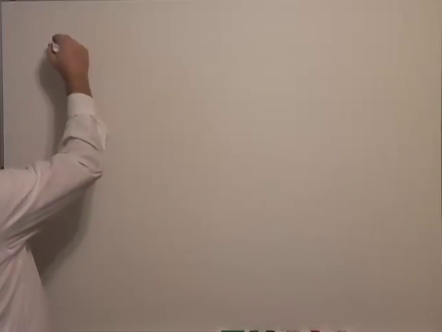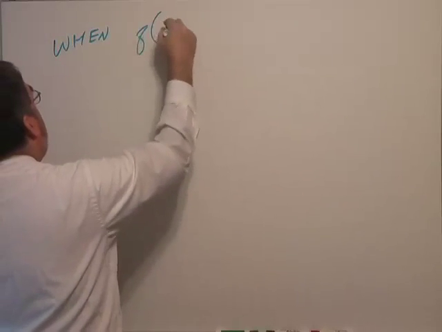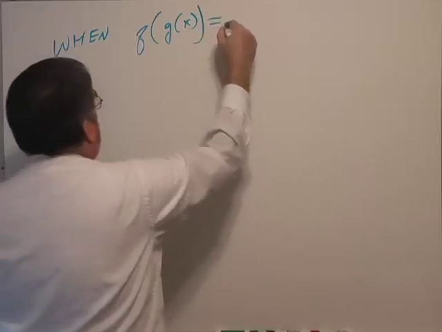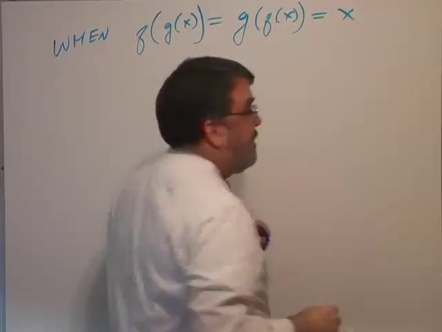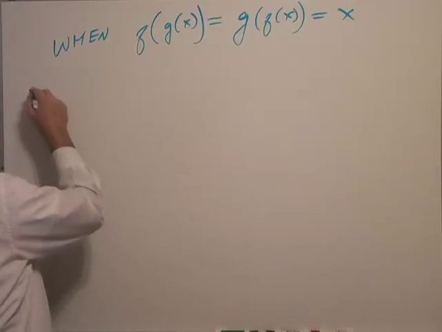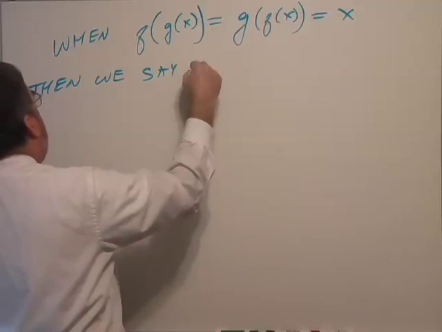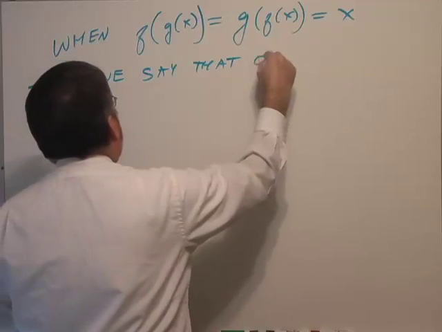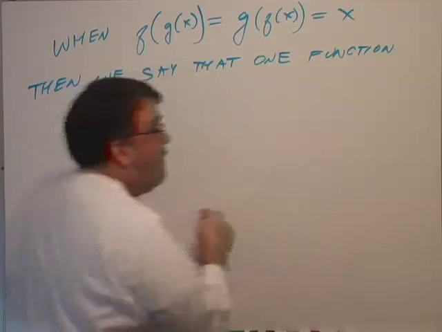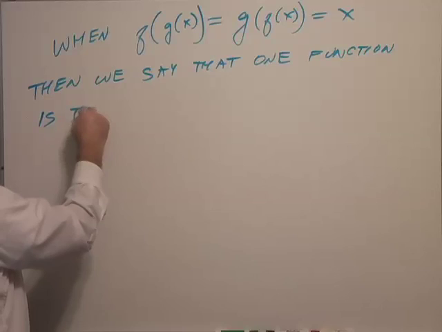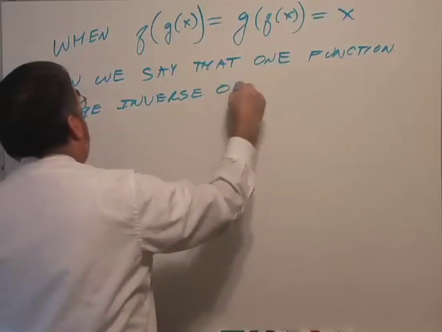All right, so when f of g of x is the same as g of f of x, and that's equal to x itself, then we say that one function is the inverse of the other.